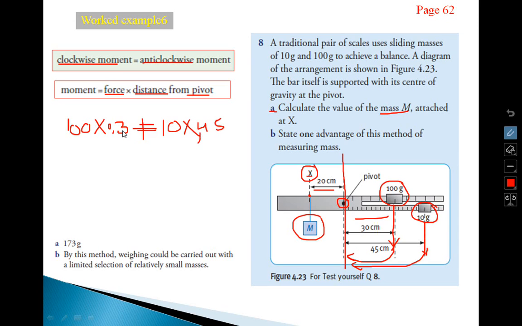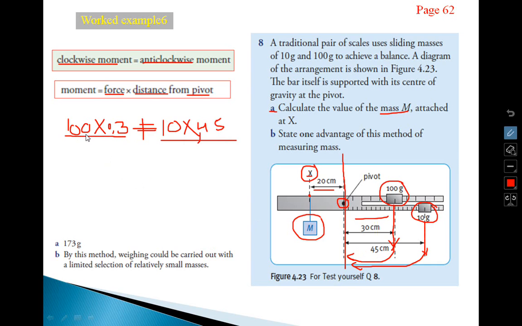It's 3 centimeter. So in this part we have two forces, both of them are clockwise, so we have 100 times 30 centimeter plus 10 times 45 centimeter.